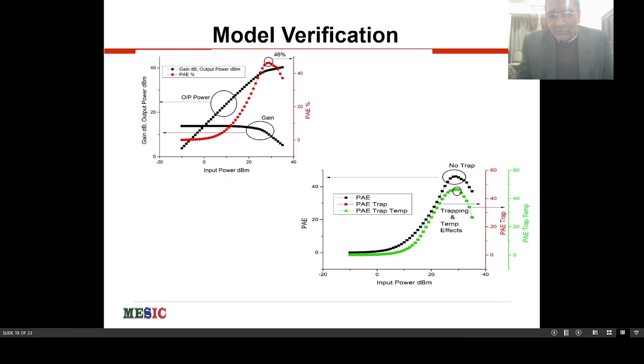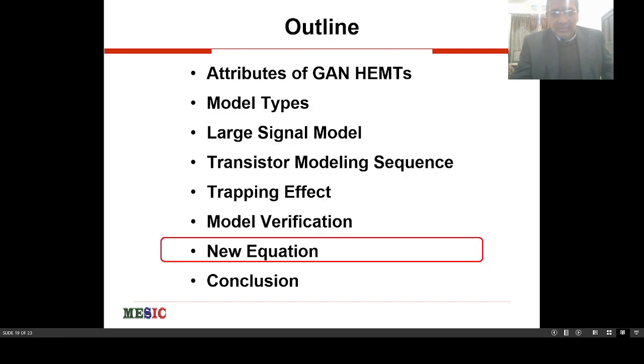On the downside, a transistor with no trapping effect has this curve of PAE, a kind of sharp top, and you can see the green one is with trapping and temperature effect. It goes down because it becomes more accurate, and these values also show in the measurement that this trapping effect model is more accurate.